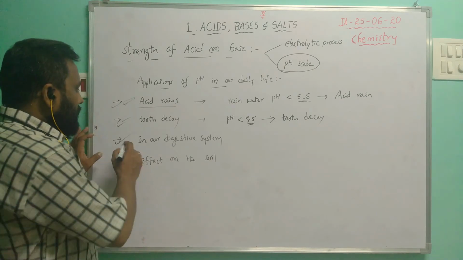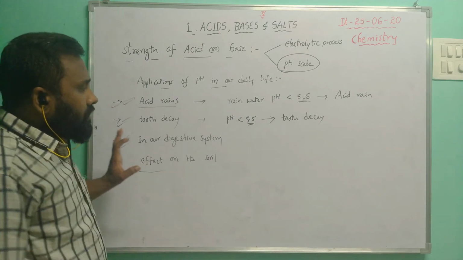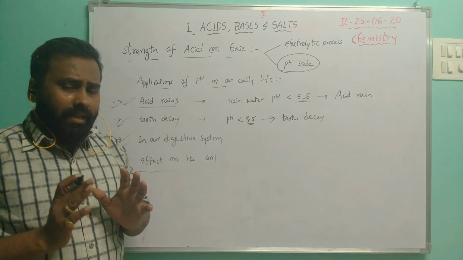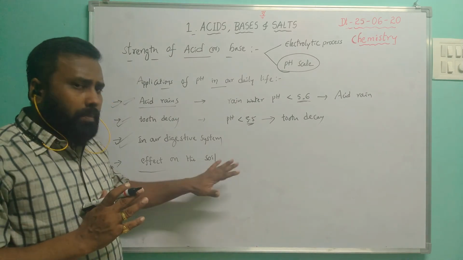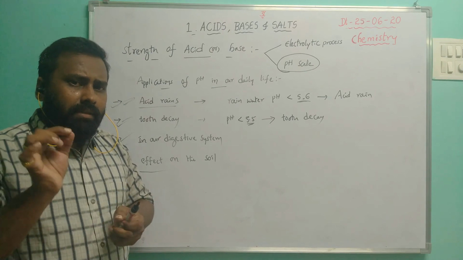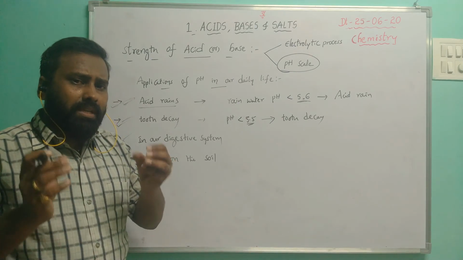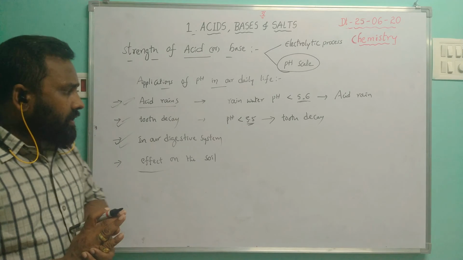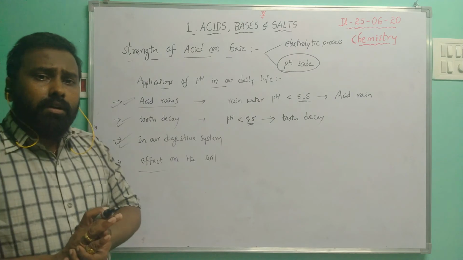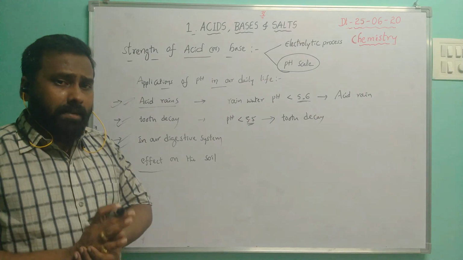Okay, and the effect on the soil. The plants growing on the soil depend upon the pH value of the soil. If the soil has only a narrow range of change in pH value, the plants grow very healthy. How can you find the pH value of the soil? Take 2 grams of soil from the field. Collect different samples.